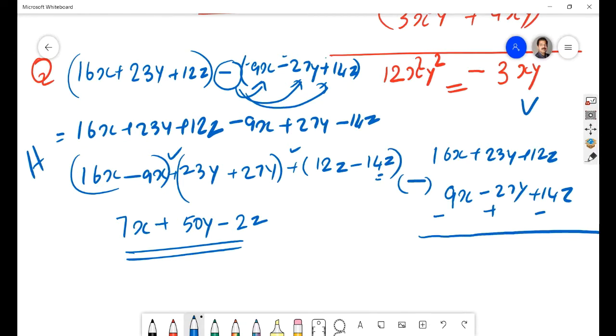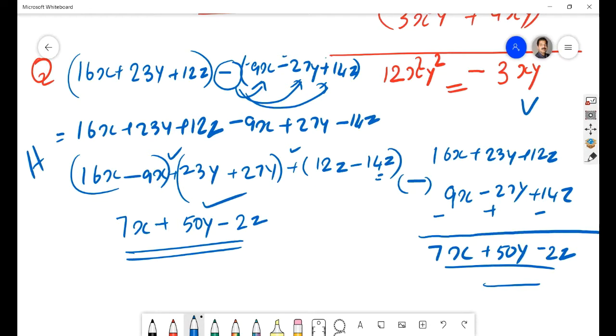We will go from the right side. 12z plus minus 14z means minus 2z, plus 23y plus 27y, which is equal to plus 50y, positive 16x minus 9x means 7x.